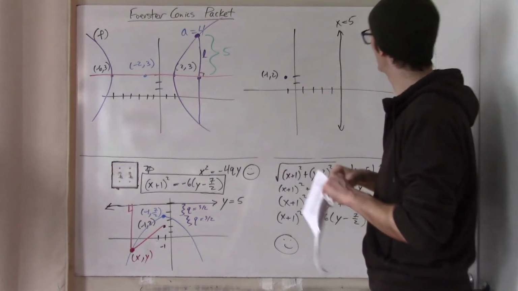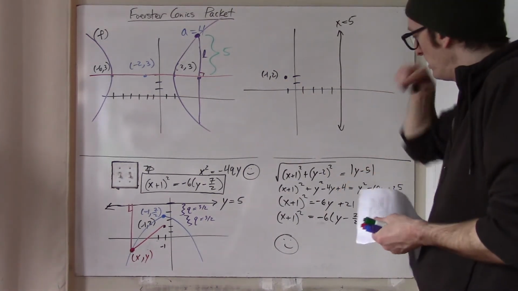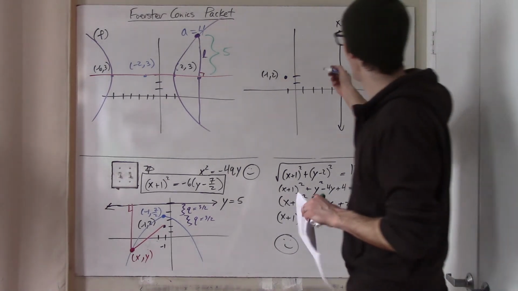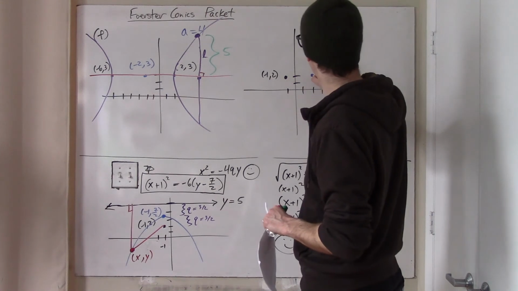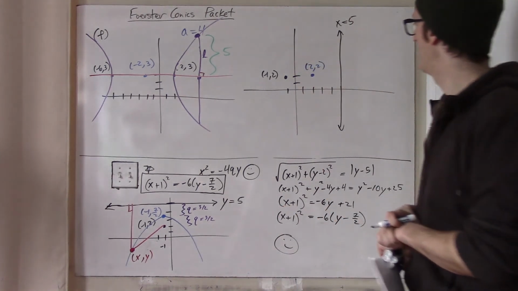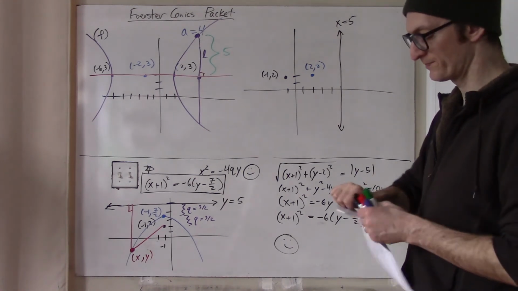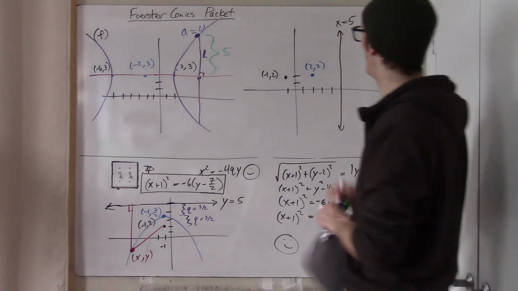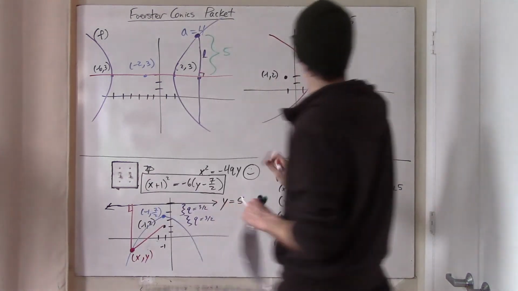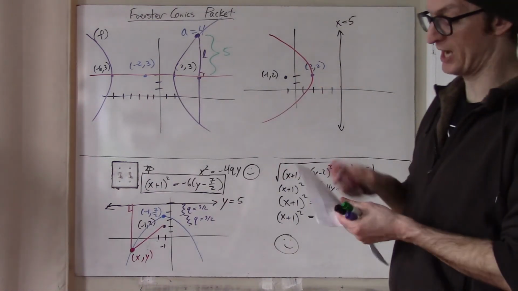Okay, this time let's do it the fast way. Negative 1, 2, so they're 6 apart from each other. So halfway between is going to be 3, which will be at 2, 2. Yup. And that means this is an opening left parabola, which passes through 2, 2.